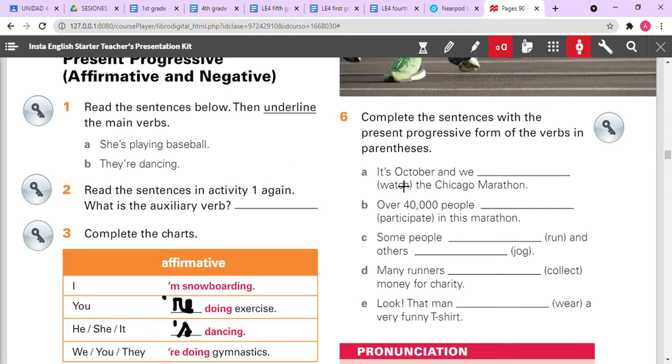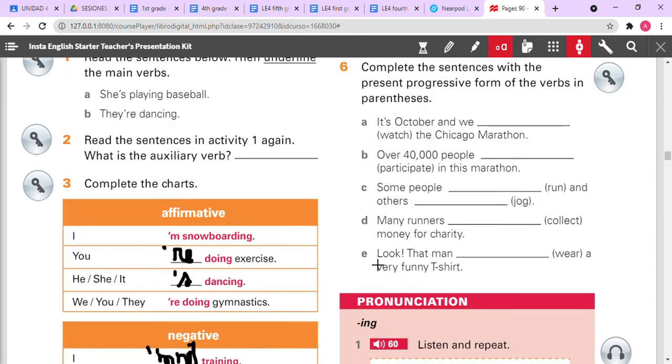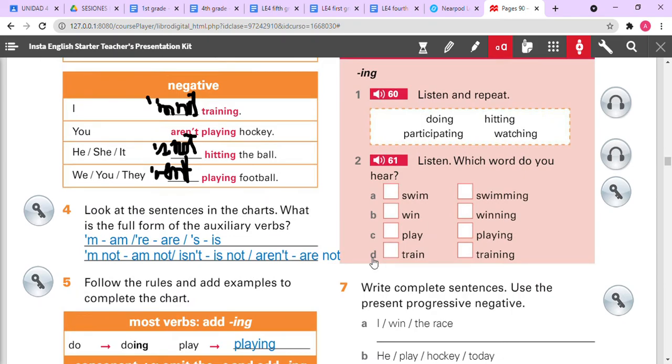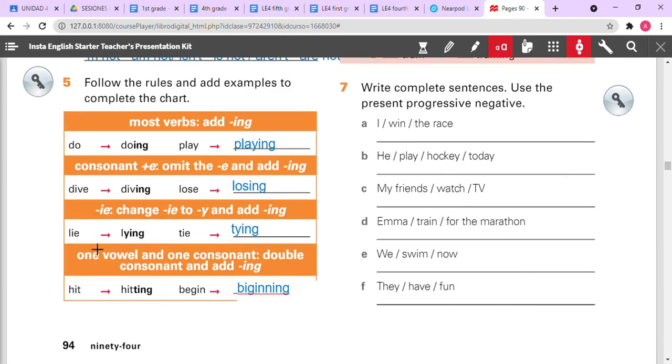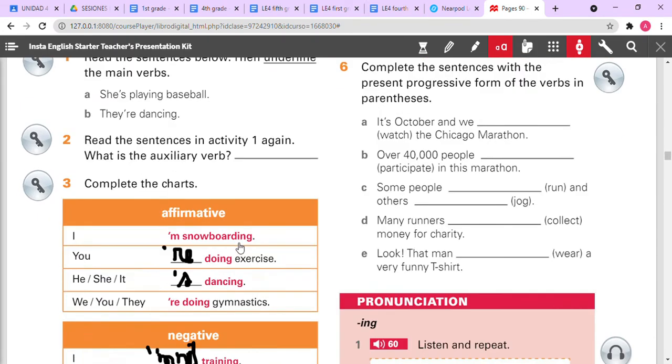Watch. Finishes in E? No. Consonant, vowel, consonant? No. And the last one, what was? IE? No, that is normal. Watching. So the answer is watching. Okay, watching.